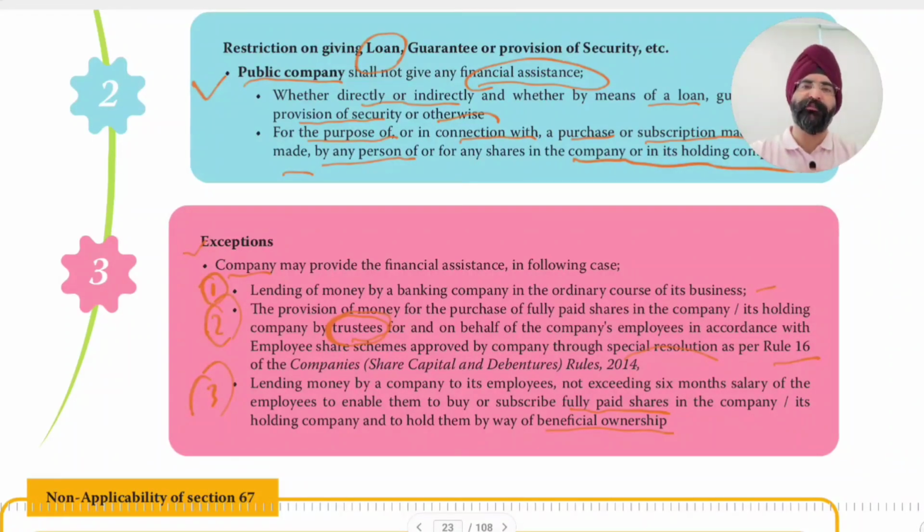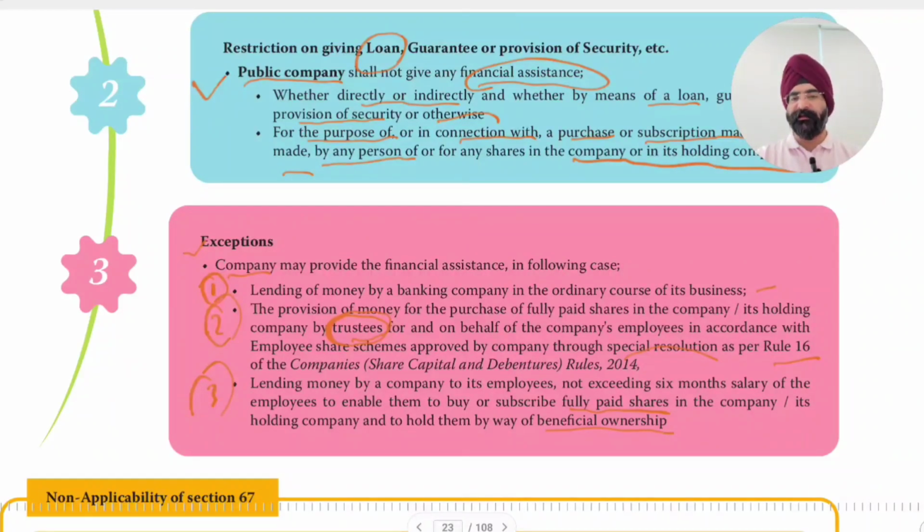What is the meaning of beneficial ownership? It means they are holding for their own benefit. They are not holding on behalf of the company. It is not that the company has given employees money so that employees can purchase shares on behalf of the company. Otherwise indirectly the company is owning shares. So the beneficial interest remains with the employees, and the company can pay them money up to 6 months of salary.